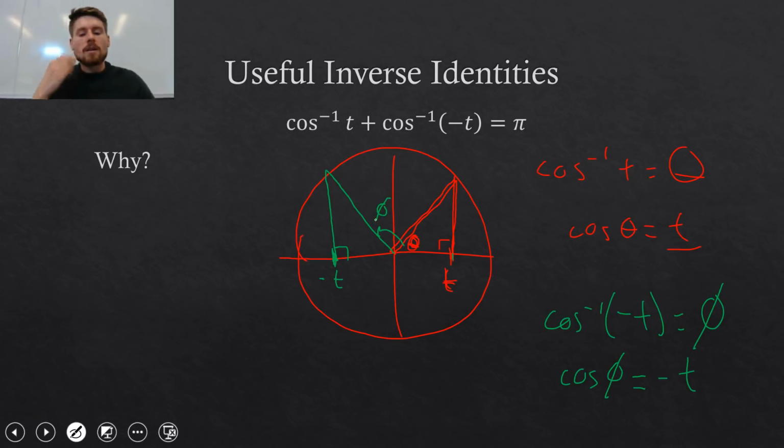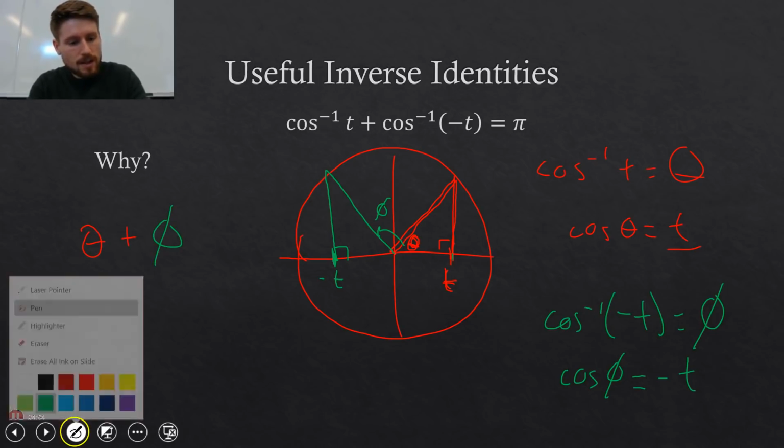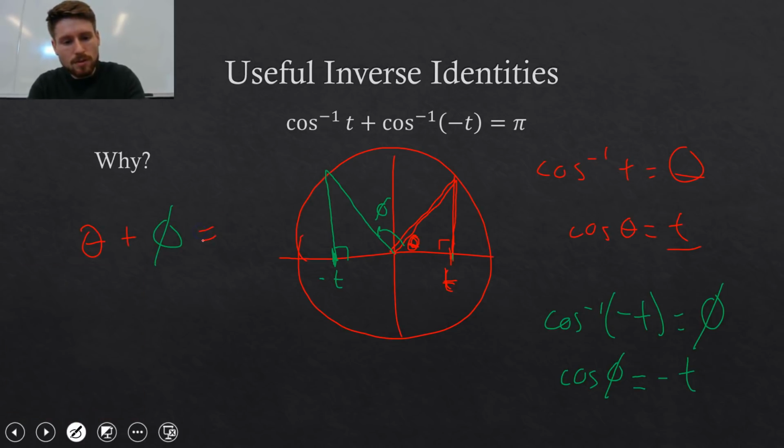Okay? Hopefully from this diagram we can see then these two angles, theta and phi, are supplementary. Theta plus phi add up to pi. Okay? So they are supplementary angles to one another.